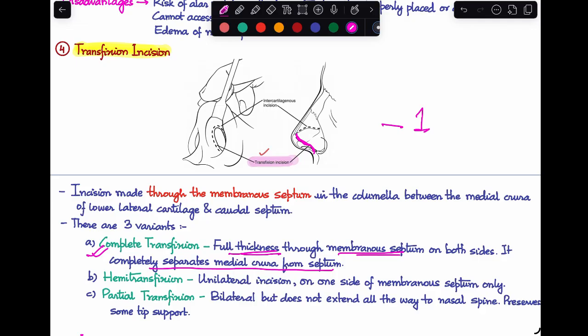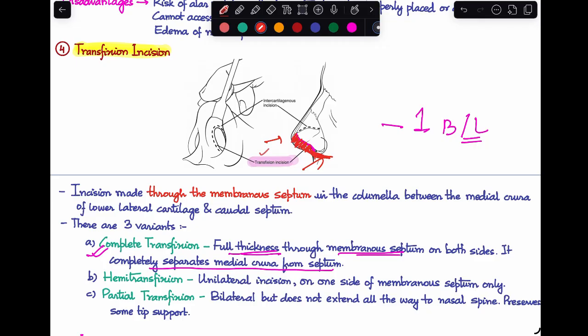Third is a partial transfixion incision, where we give a bilateral incision on both sides of the membranous septum, but we do not extend it to the level of the anterior nasal spine. We only give it for a partial distance, not right up to the nasal spine. This helps to preserve some support to the nasal tip area. So this is a little about the transfixion incision and its three variants.